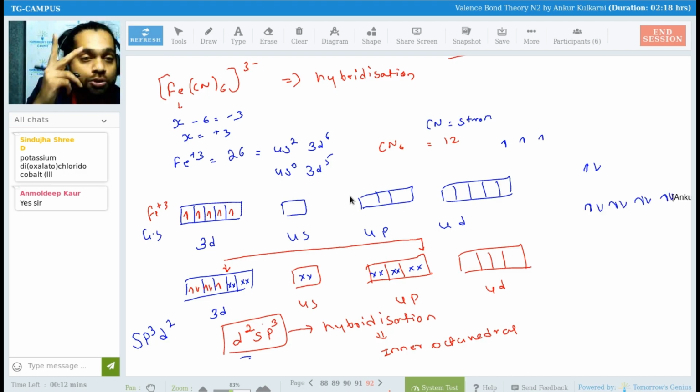Your ligands put 2 electrons at a time. It cannot put half an electron over here, half an electron over there. Getting it, Jason? It will put 2 electrons at a time. That's why it requires an empty orbital, not even a half-filled orbital. Getting it, Jason? Okay, sir.